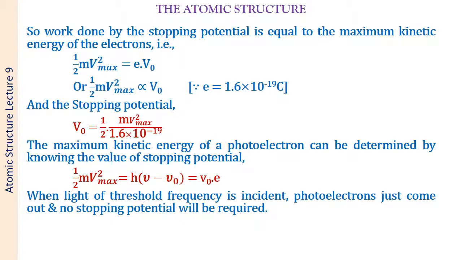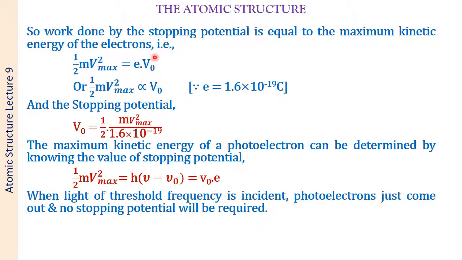Now, the work done by the stopping potential is equal to the maximum kinetic energy of the electrons. So the maximum kinetic energy of the electrons is what we have stopped by putting a stopping potential. The work done by this stopping potential would be e into V naught, and how this is so is what you are going to study in physics.